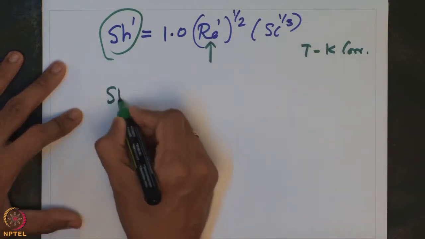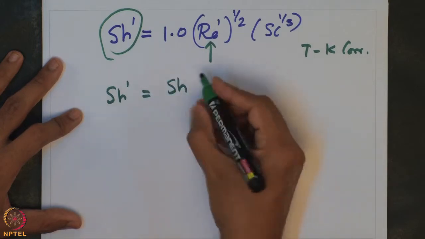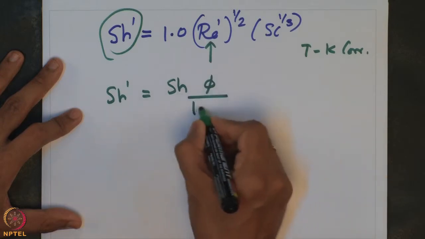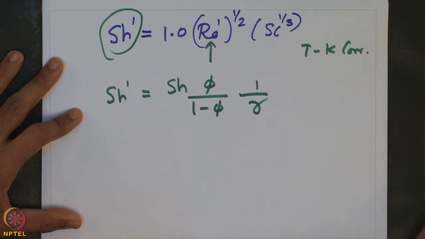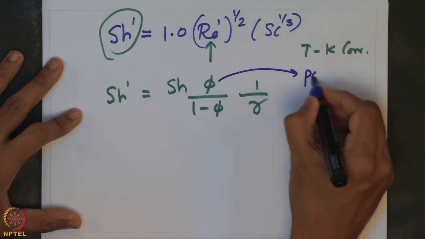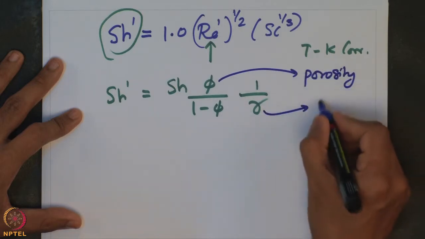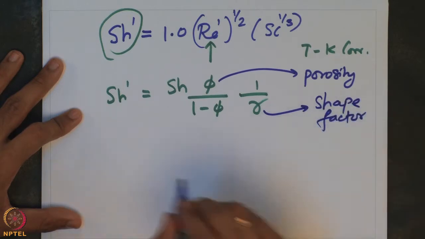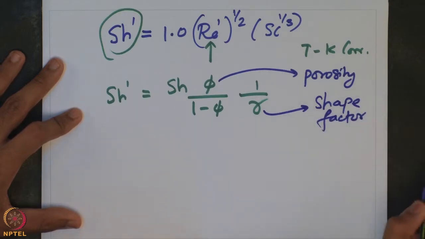The modified Sherwood number is the Sherwood number of the system multiplied by phi, which is the porosity, divided by 1 minus phi, into 1 by what is called the shape factor. So, phi is the porosity of the bed and this is the shape factor. We will see in a bit an example of how to estimate the shape factor.